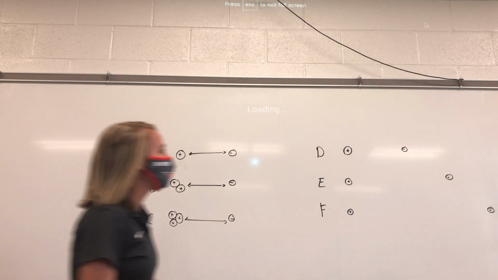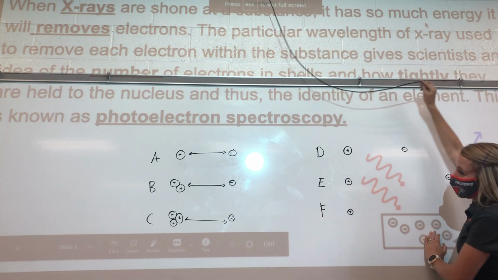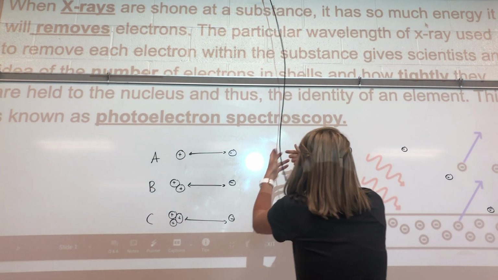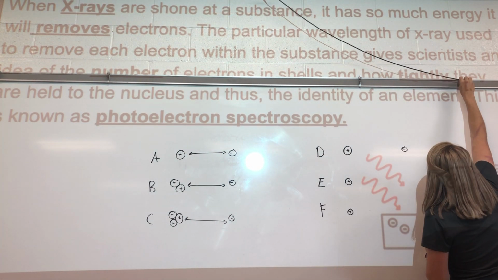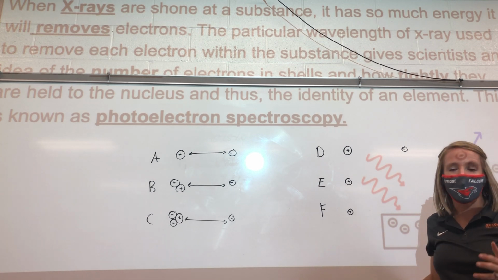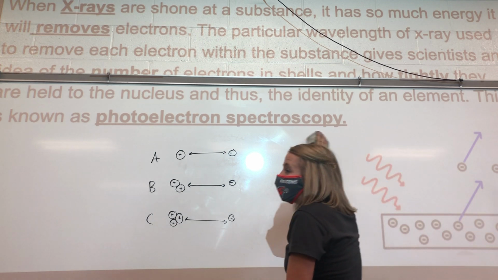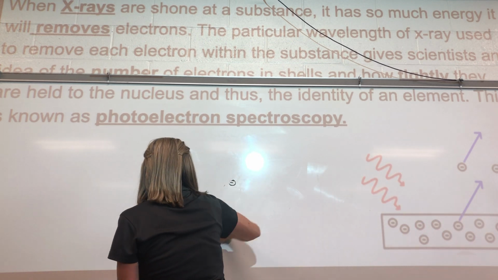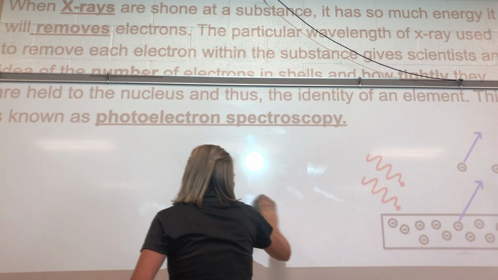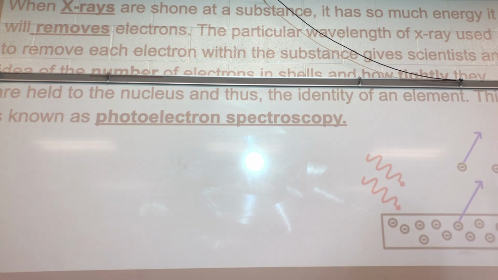The idea of photoelectron spectroscopy is that we are going to put energy into an atom so much that we literally rip the electrons off. Think of our atom here. These electrons are held onto the nucleus.